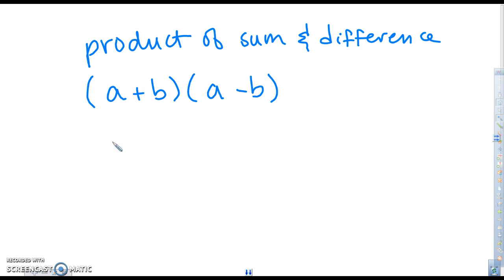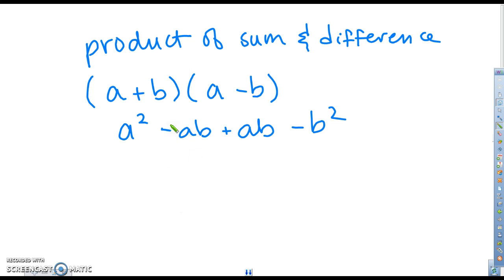This, when I FOIL it, is going to have A squared. Outer would be minus ab. My inner would be plus ab. My last would be minus b squared. If you'll notice, I can combine like terms, and a minus ab and a plus ab will cancel out and give me 0 ab. So that my final thing would be a squared minus b squared.